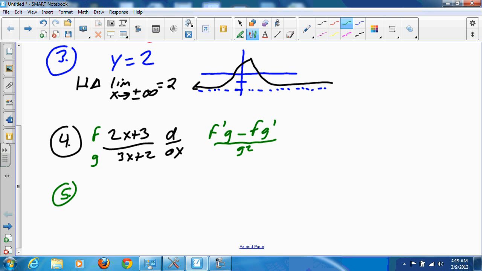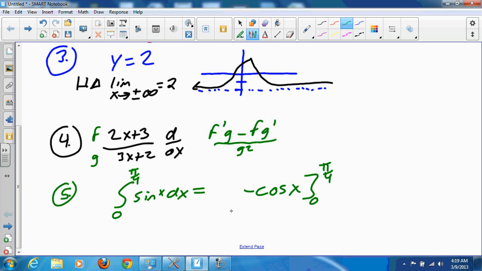Okay. Number 5, we're taking the integral again of sine of x, and we're taking it from 0 to pi over 4. Pretty fairly straightforward question, assuming that you don't forget that it's negative cosine of x from 0 to pi over 4.